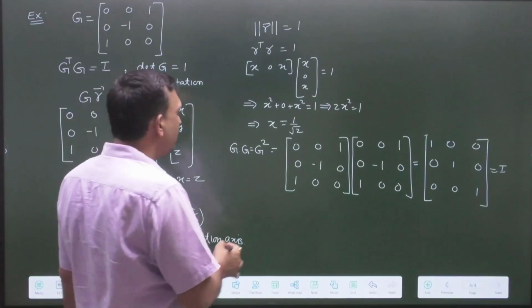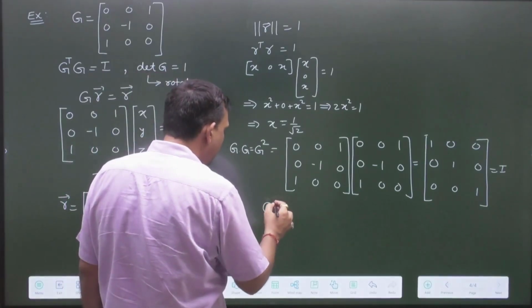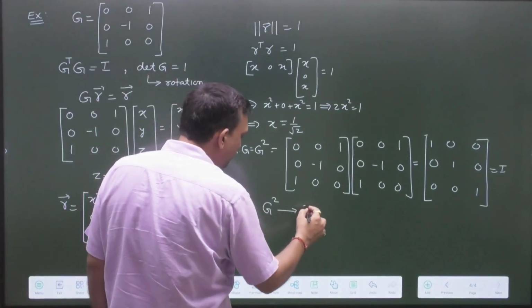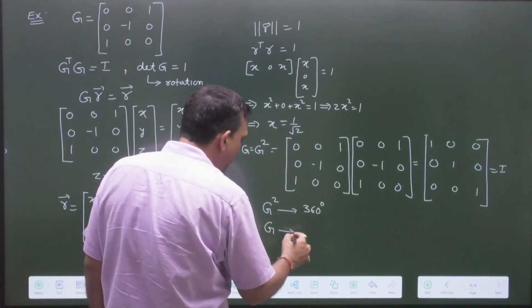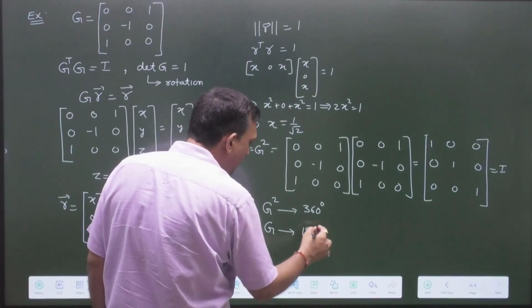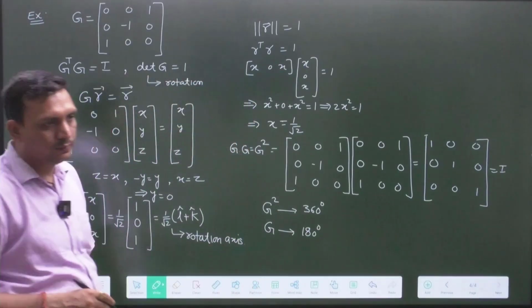So whenever you have this type of situation, G square corresponds to a 360-degree rotation, so G corresponds to a 180-degree rotation about the rotation axis.